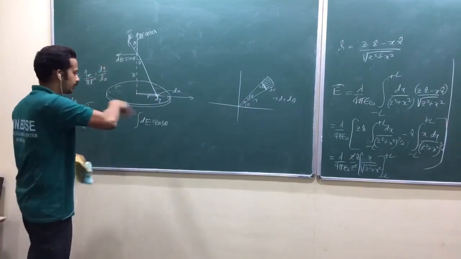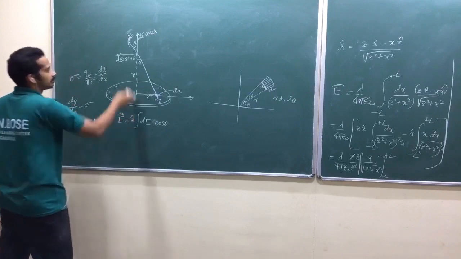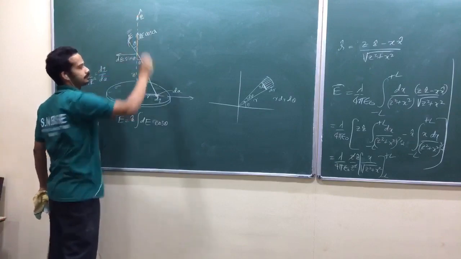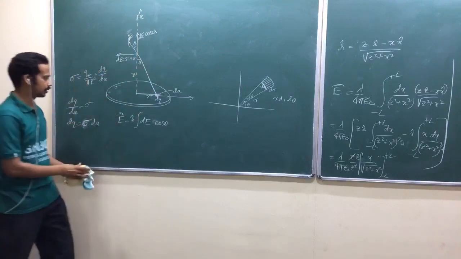It will sweep the entire disk. This is your net electric field, along z cap. Suppose this is z cap. Net electric field should be along that direction.